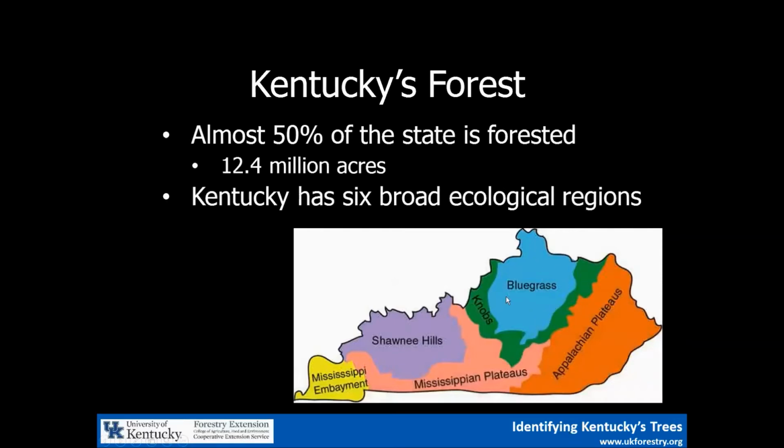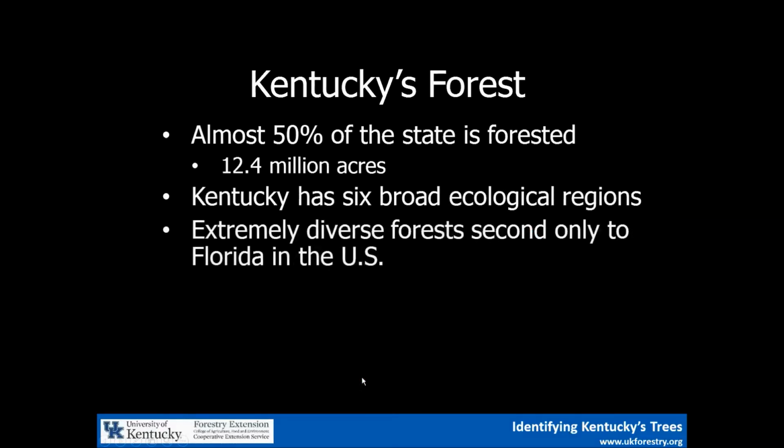Then the bluegrass area, which you think of as somewhat of an open land now with large trees mixed in, the Mississippi Plateau and the Shawnee Hills, and then the Mississippi embankment, which is very different from other parts of the state's forest. It's those broad ecological regions that lead to the extreme diversity of our forest. And according to the Kentucky Division of Forestry, Kentucky is second only to Florida in the United States in diversity of its forest. It's pretty amazing.